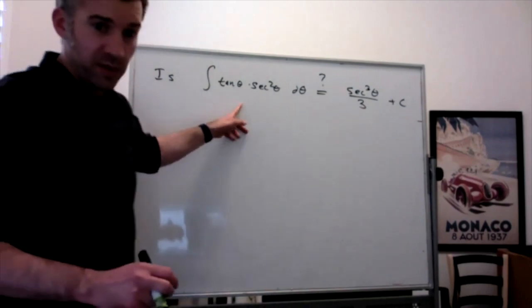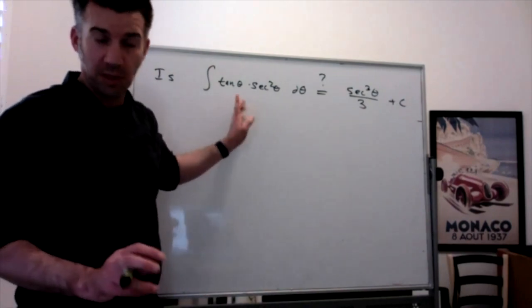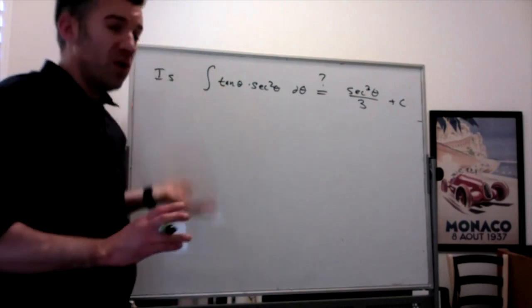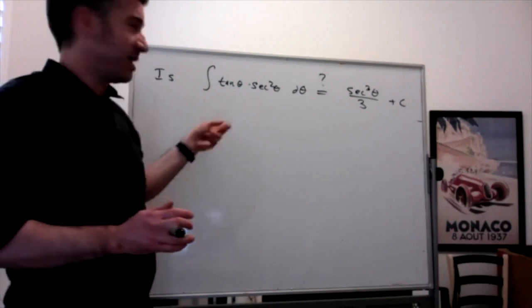So eventually we will learn how to anti-differentiate this. It's a pretty straightforward process once we learn how to do it. But if we don't know the process, and you're asking, is that the answer?